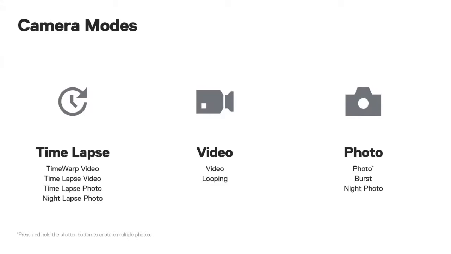So time-lapse video is actually taking photos every X number of seconds, or X number of photos every second. So I like to do 30. And then what happens is it stitches it together and it outputs a video file. So they can use a video. So that's what I would recommend, because night lapse or time lapse photo is going to take a bunch of photos and you would have to then compress it together to turn it into a video.